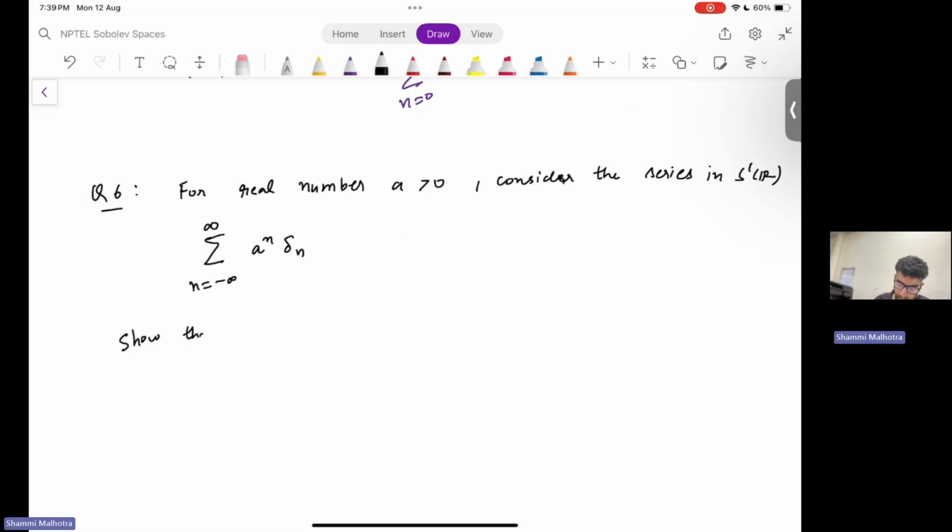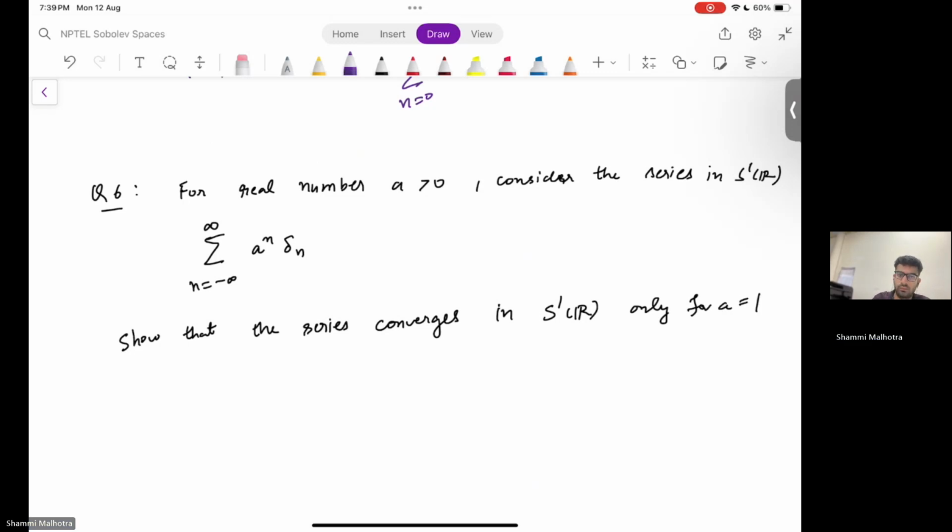Show that the series converges in S' R only for a equal to 1. Okay, so we have to see the convergence of this particular series.